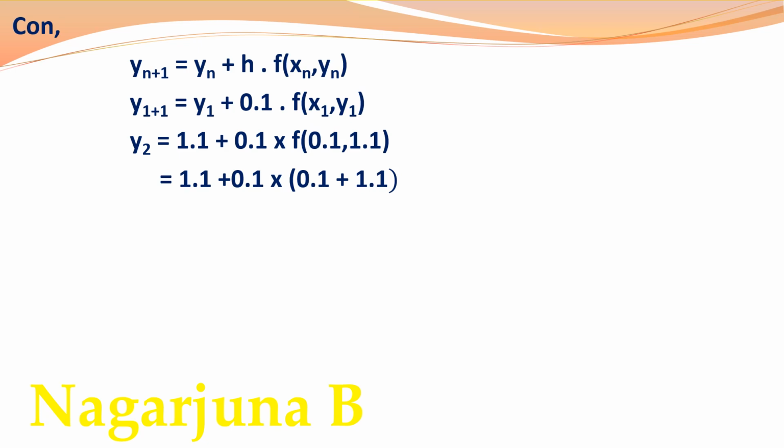Next, in a calculator, we can calculate this by writing 1.1 plus open the bracket 0.1 into open the bracket 0.1 plus 1.1 close the bracket, and this will give the answer, and that answer is y2 is equal to 1.22.